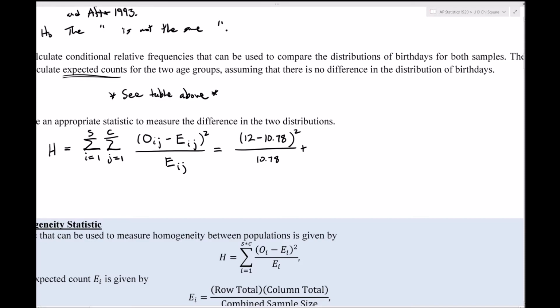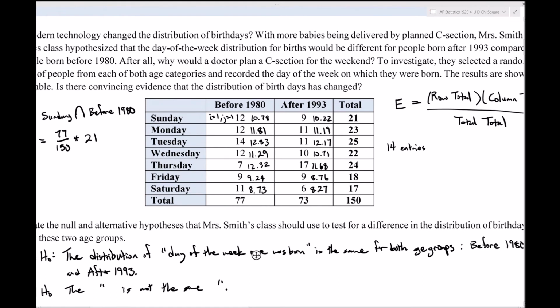That's the first of 14 total ratios. The next one would be (9 minus 10.22) squared divided by 10.22. That's for the next value to the right. If I look at this cell over here, it's (12 minus 11.81) squared divided by 11.81. And you keep on going until you have 14.